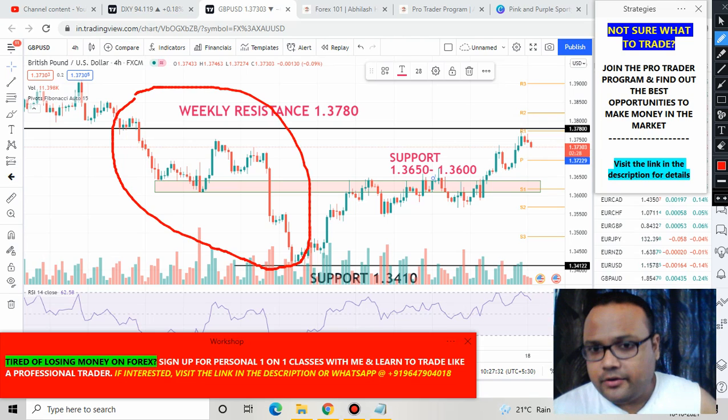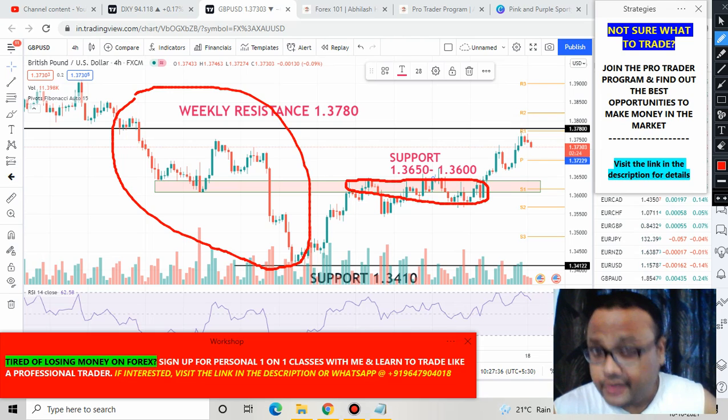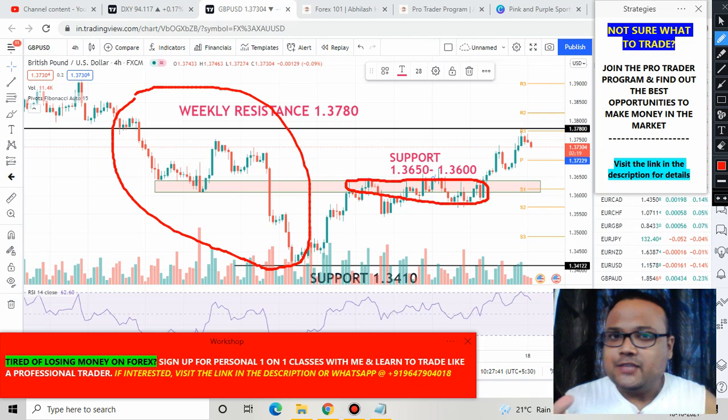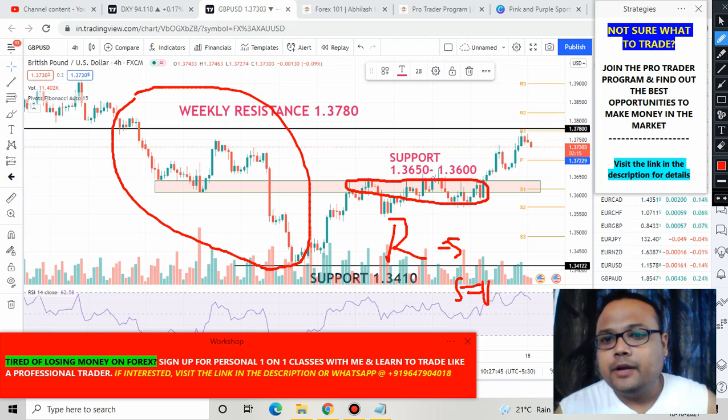The market was recovering. We had a resistance at this particular level of 1.3600, which is the new support for the market, because as we all know, resistances become support and support becomes resistance. So this was the resistance, and right now this is the new support for the market.